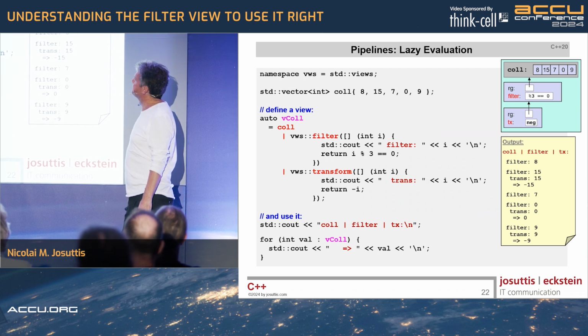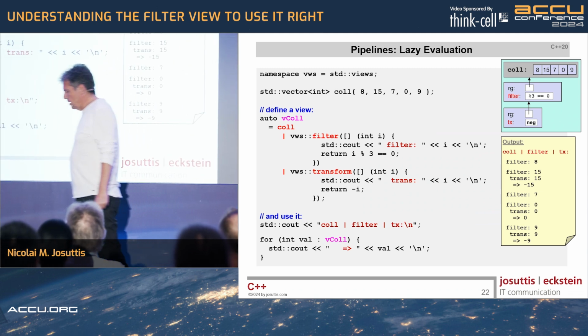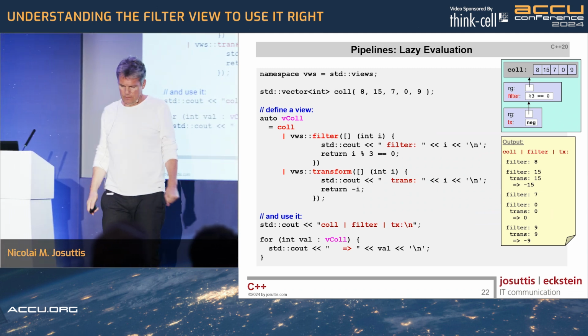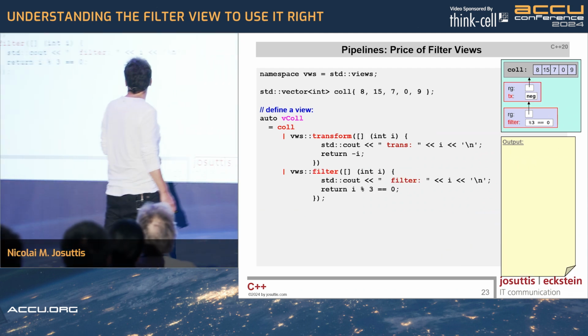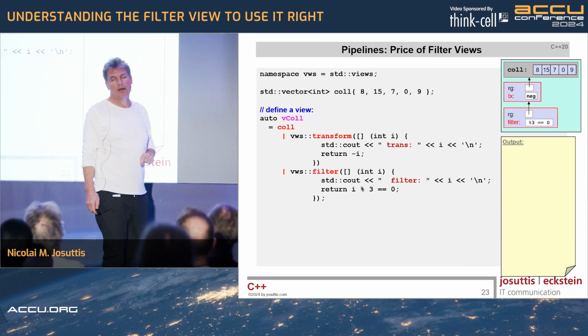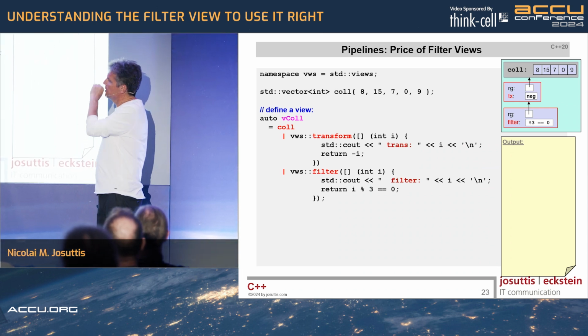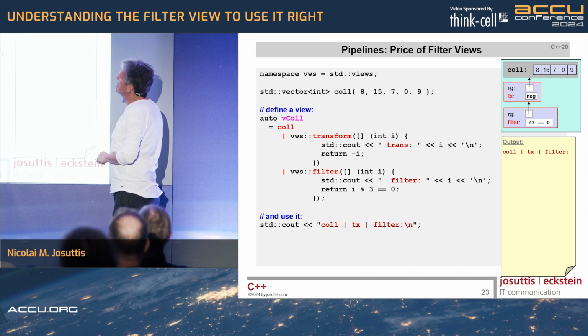Well, in this case, the filter keeps the value, but there is another version of this, where transform and filter are called. So when transform and filter are called, then the following happens. The transformation has to be done before we call the filter.